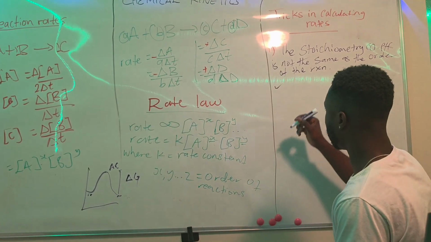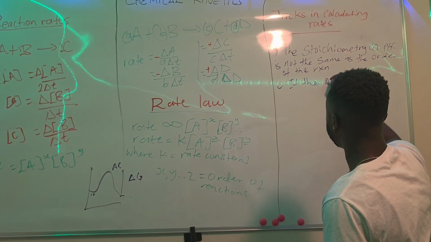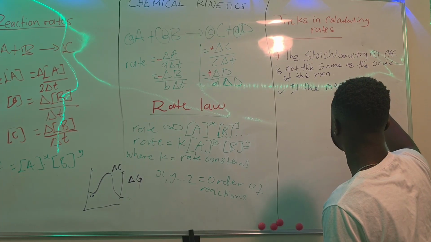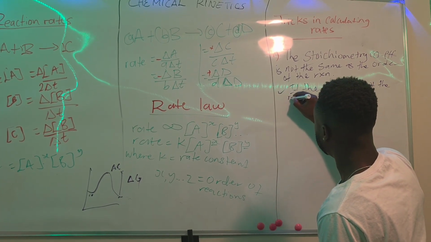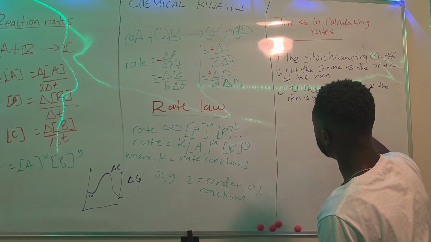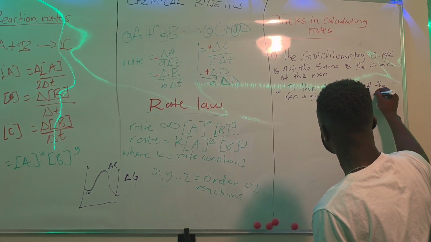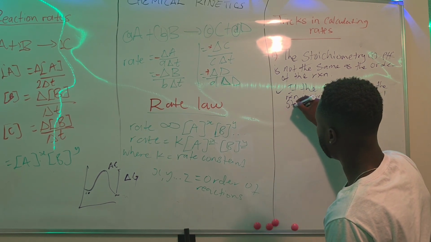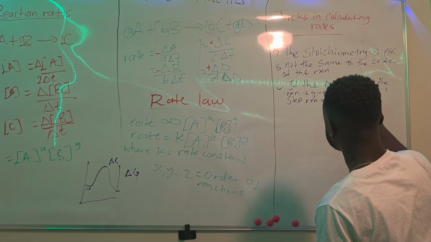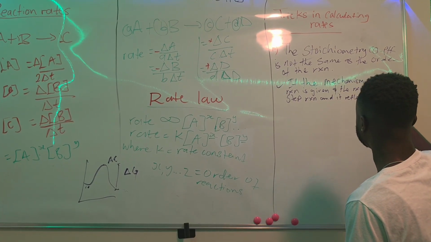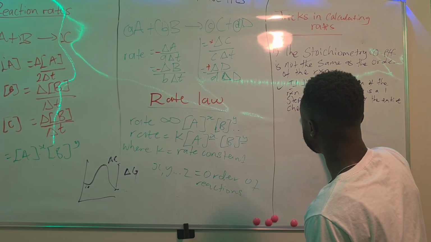So that first one is if the mechanism of the reaction is given and the reaction is a 1-step reaction and it reflects the entire chemical process.